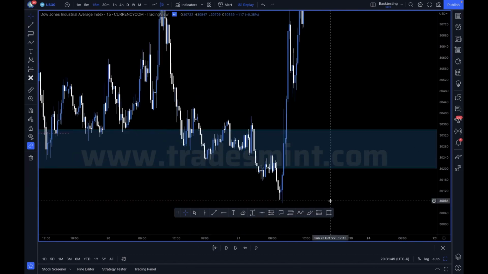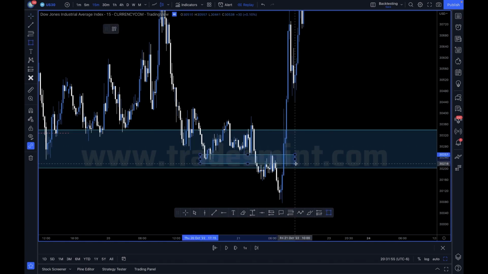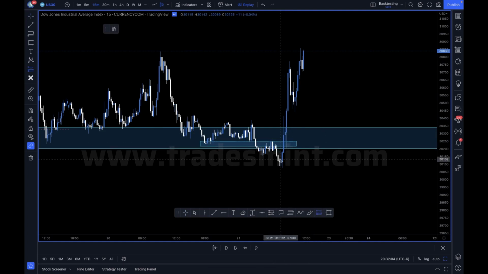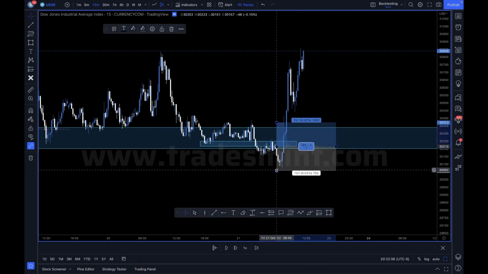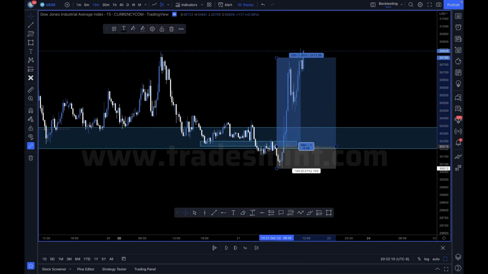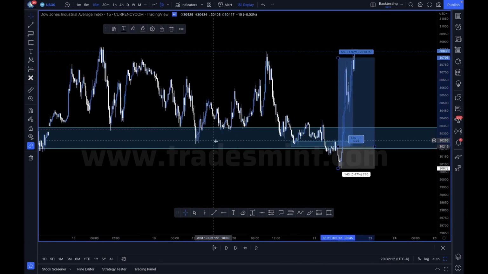So your entry here, we have the big bullish candle, break of structure. Here, these are your signs. 15-minute break of structure here. Another bullish candle. When price comes here, this one was a little harder to trade because it sunk down into the zone.